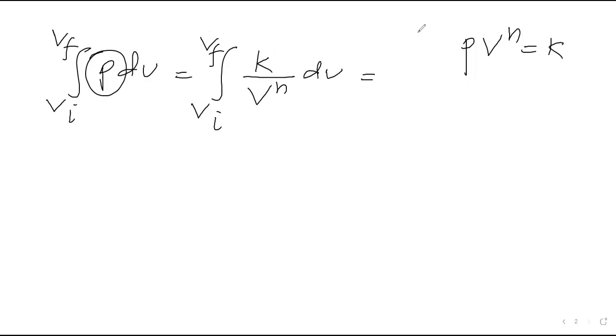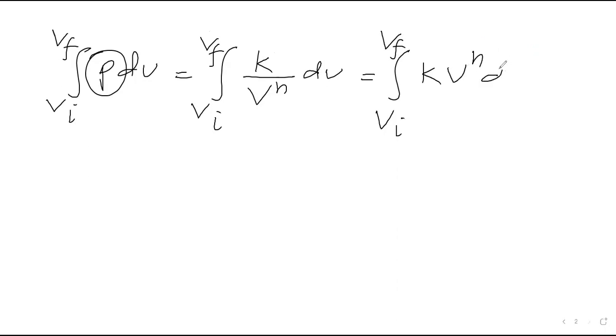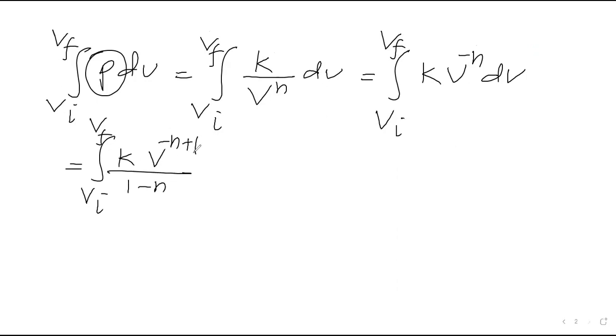With the basic laws of integration, this will be K times V raised to (minus n plus 1) divided by (1 minus n). Minus n plus 1 is only written in a different way. So I get 1 upon 1 minus n.